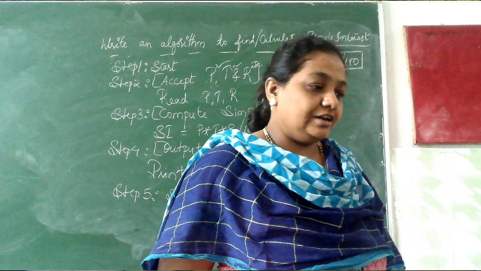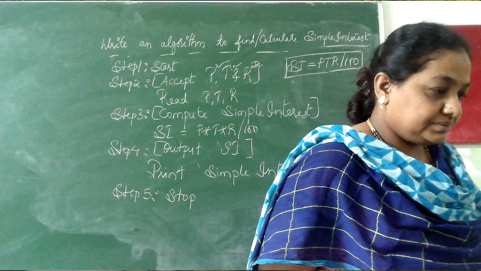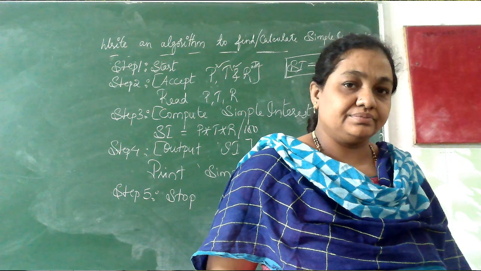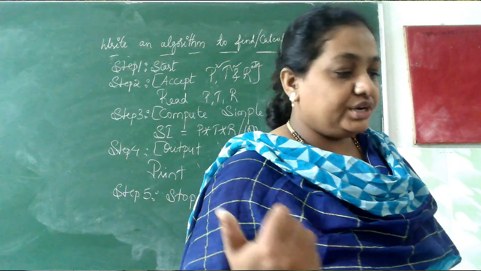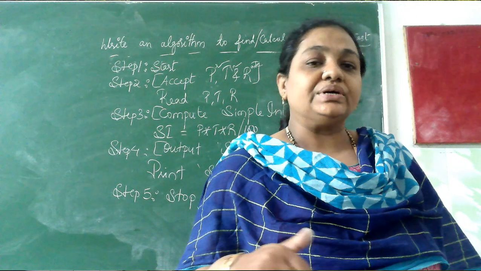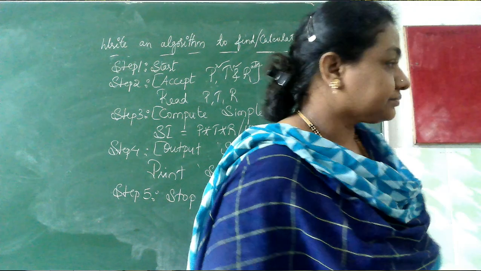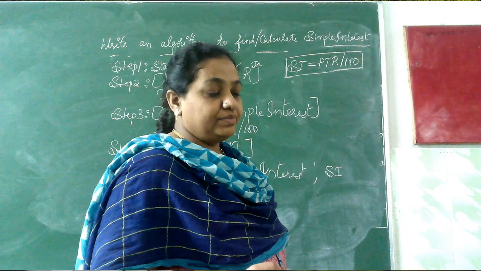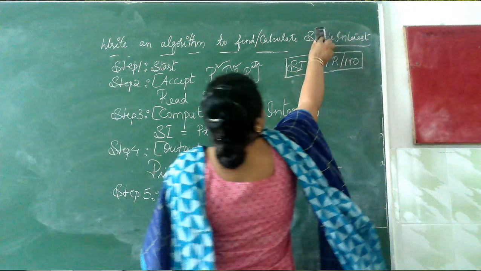So outputting is print. So what are we printing? We are printing simple interest. The calculated value is stored in SI, so that we are printing.